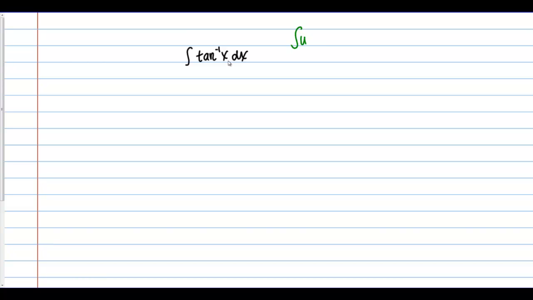So here is my integration by parts formula, which hopefully you've seen several times by now. And we know from our previous practice that what we need to do next is identify what we want u to be and what we want dv to be.